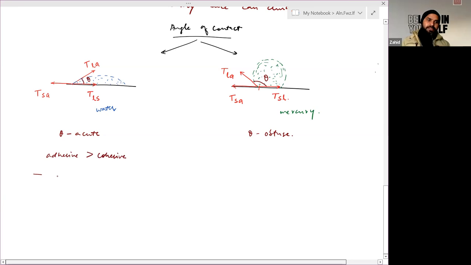Hence, surface tension of this liquid or water is small, so it can easily spread out. And hence it can wet the surface.